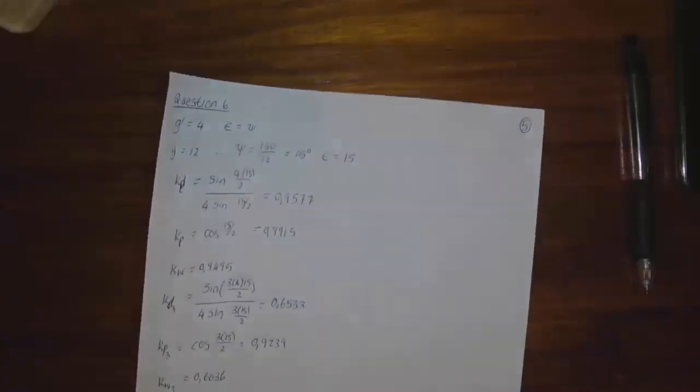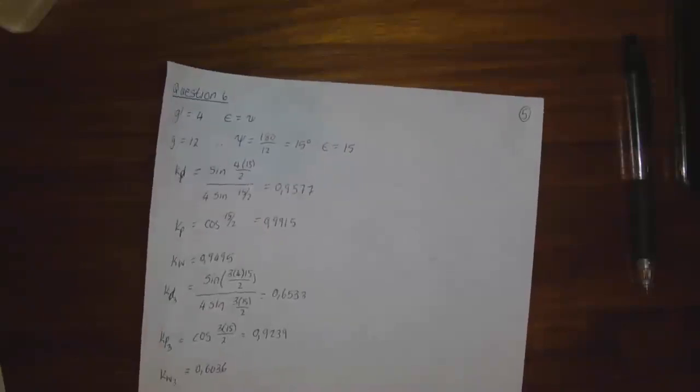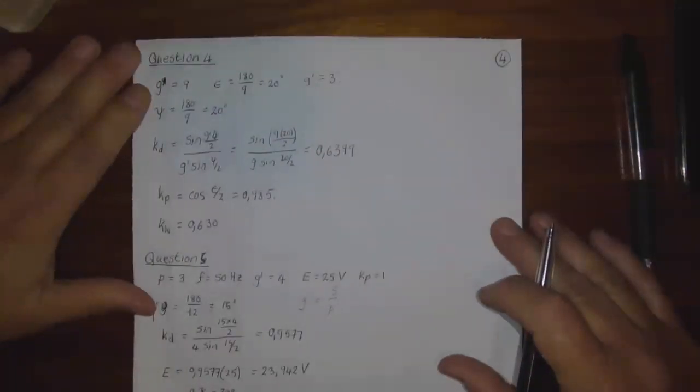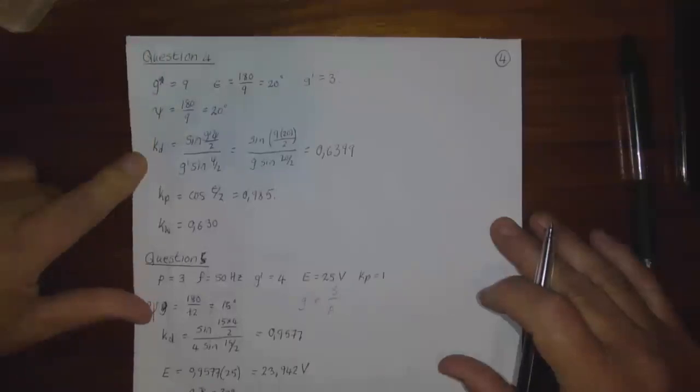Portia, why are you looking for G prime if we substitute in the KD formula? We need G prime in the formula, not G, but in your formula here you substituted with 9, not 4.